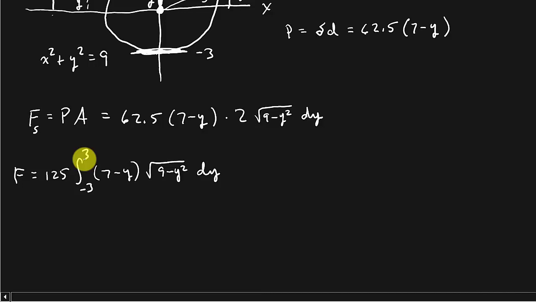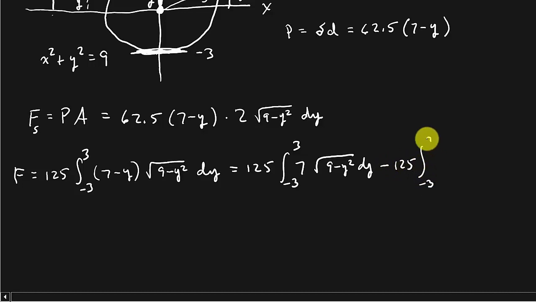Now, what do I need to do in order to integrate this? Well, I'm going to have to write 125 from -3 to 3 of 7 times the square root of 9 minus y squared dy, minus 125 times the integral from -3 to 3 of y times the square root of 9 minus y squared dy.